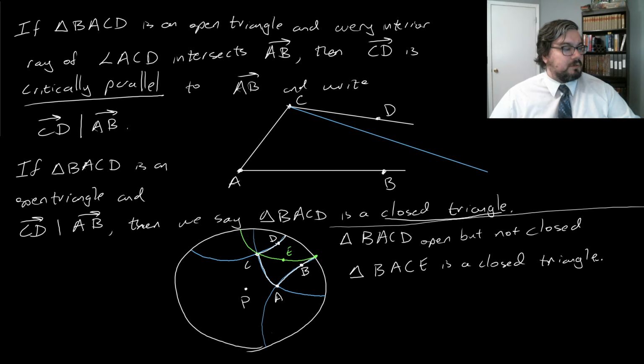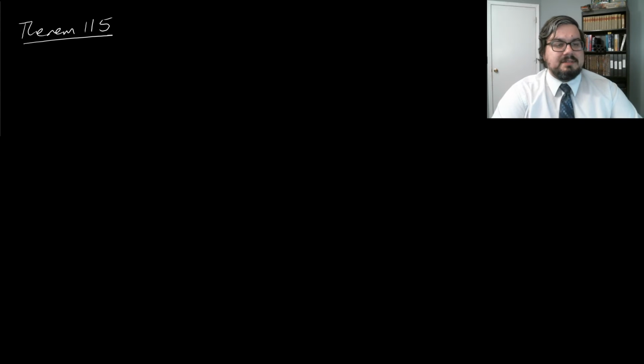Now, let's see what we can say about critically parallel rays and closed triangles. Theorem 115 says that the most efficient way of stating this is the following.